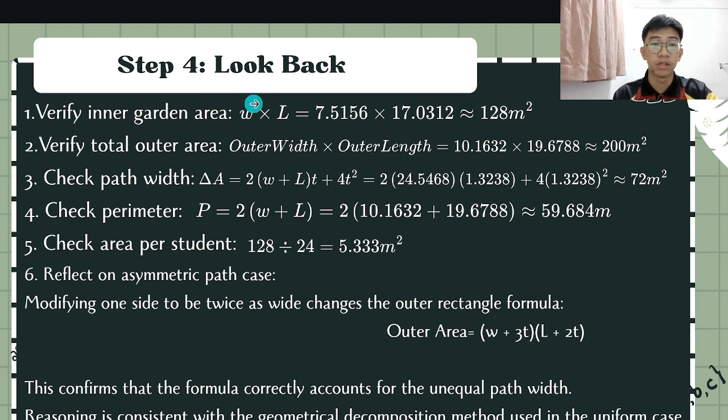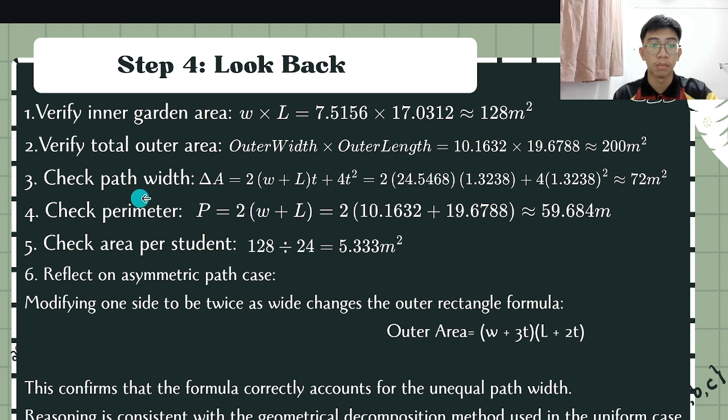So for step 4, we just look back, and to verify the inner garden area, we just substitute the W and L here, and then we got 128 meters square, and verify the total outer area, outer width times outer length, we got 200 meters square.